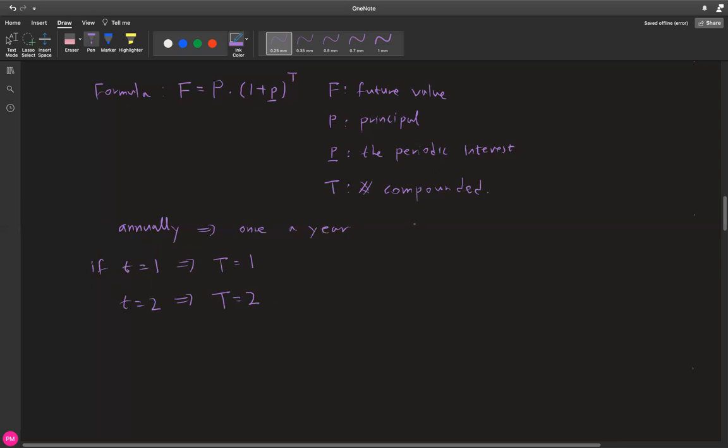But what if it's semi-annually? When it's compounded semi-annually, it's twice a year.